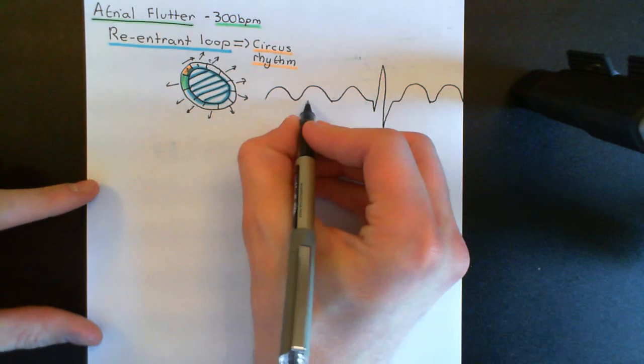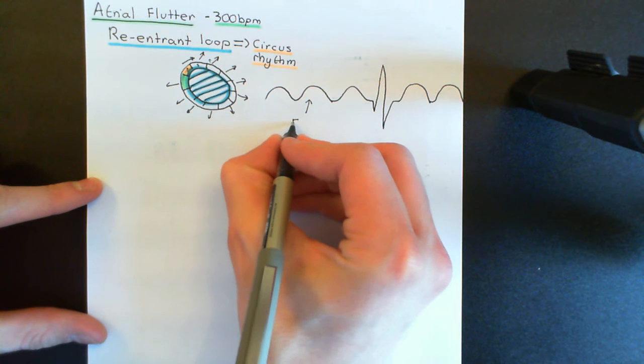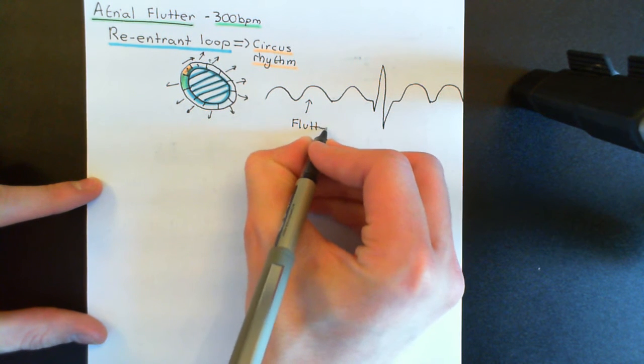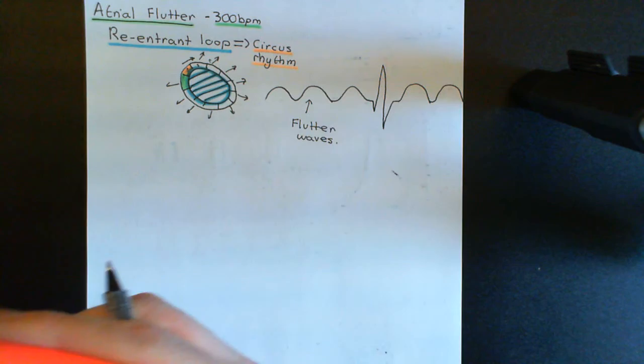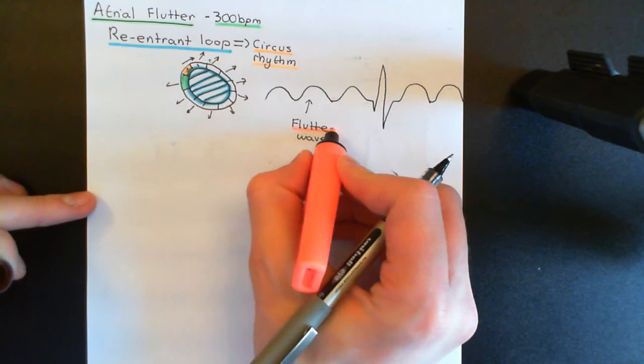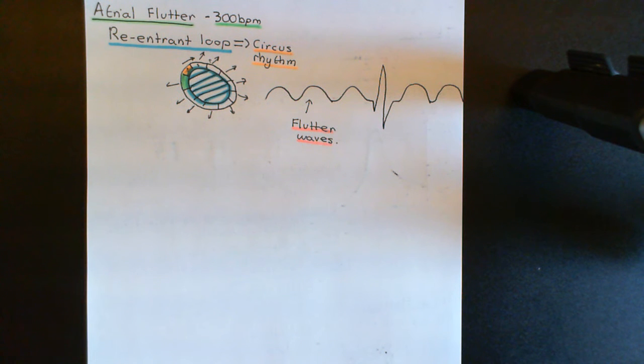These waves that are due to atrial depolarization are called flutter waves. So this is what occurs in atrial flutter, and this is what the ECG of someone suffering from atrial flutter is going to look like.